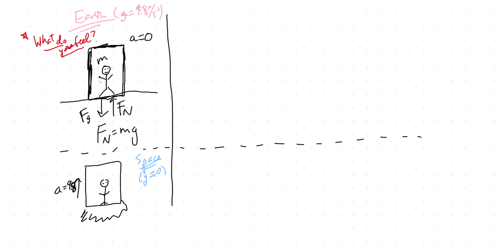Now, your mind might say that there's gravity, but pretend you're in a spaceship, and the spaceship is accelerating upward. Just like when an elevator accelerates upward, you feel heavier, right? In both of these cases, you feel a normal force equal to m times 9.8. Whether you call that g or a is irrelevant. It's 9.8 m.